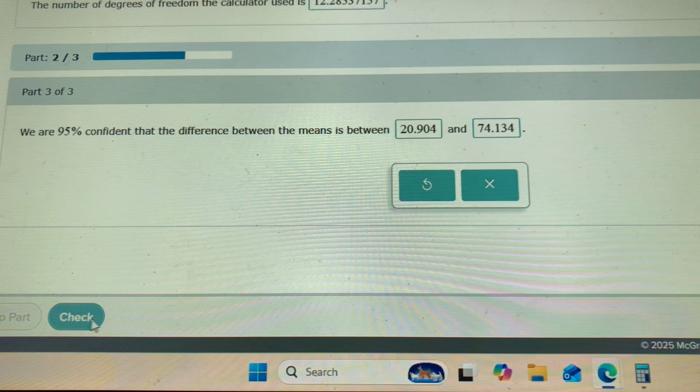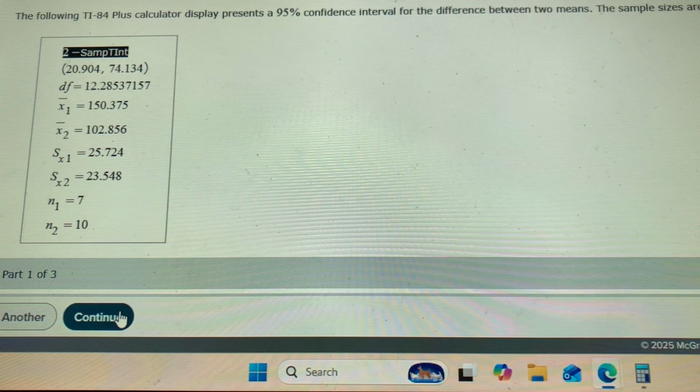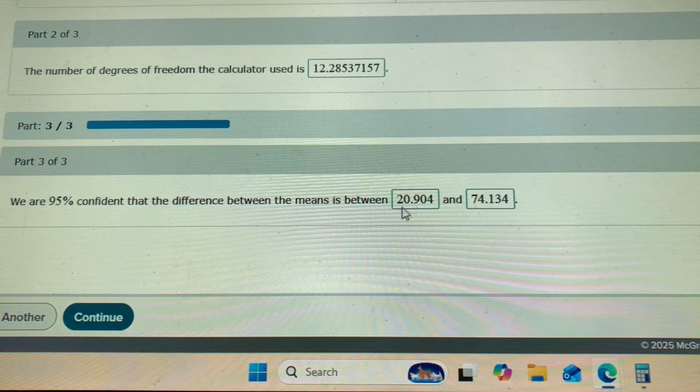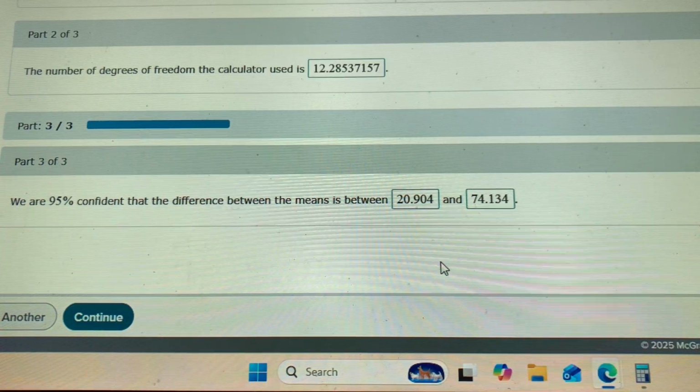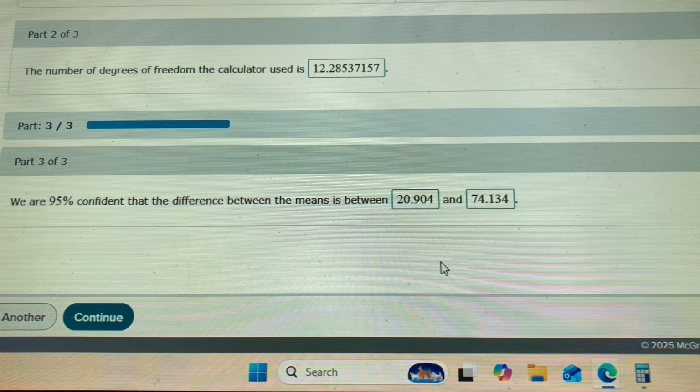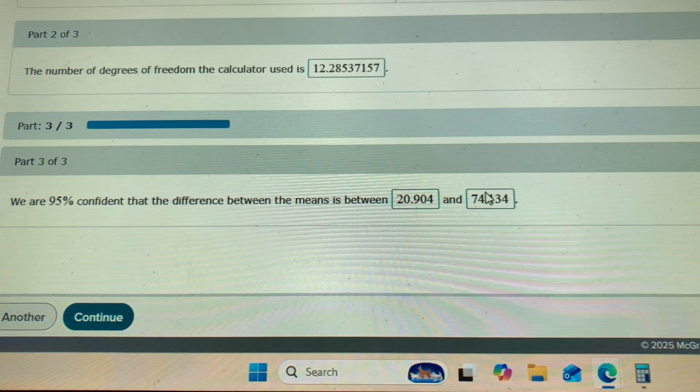They're not asking to interpret it because we don't have the whole problem in front of us. This is all about reading technology. But because both answers are positive, the first population mean is significantly larger than the second, since the difference is positive. For sure it's positive because we're predicting it's somewhere between 20 and 74.